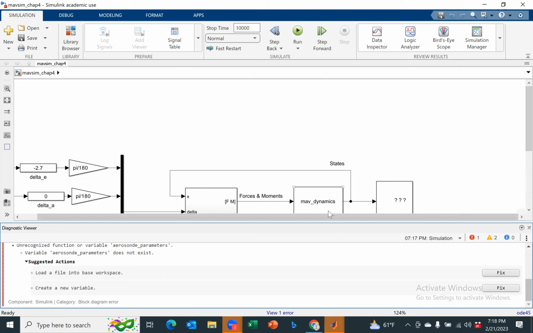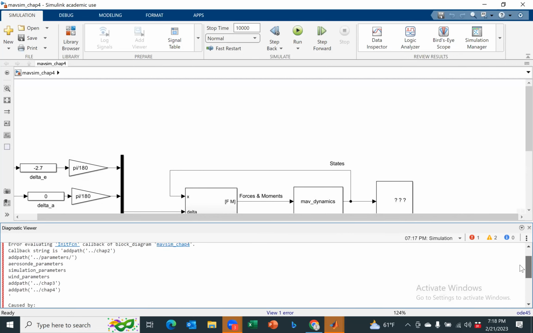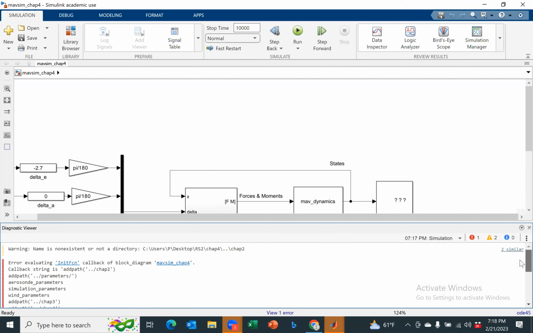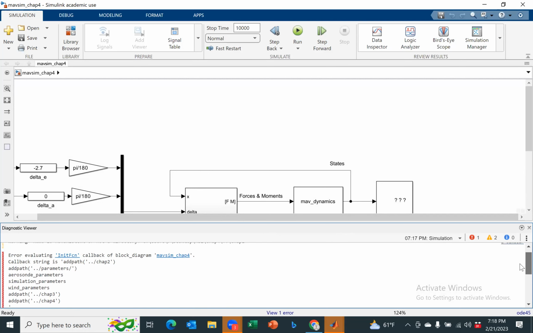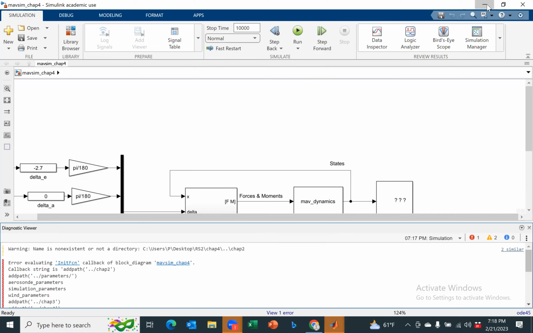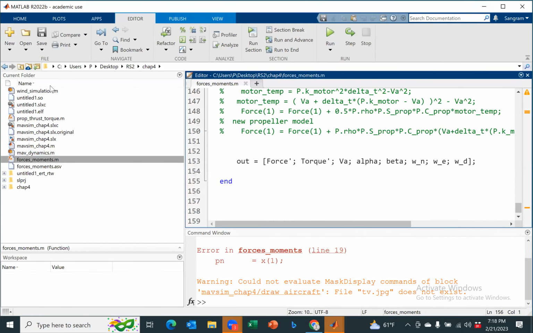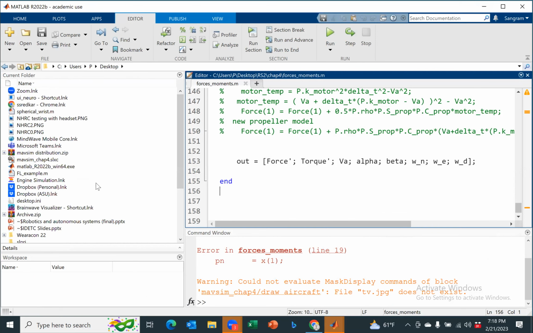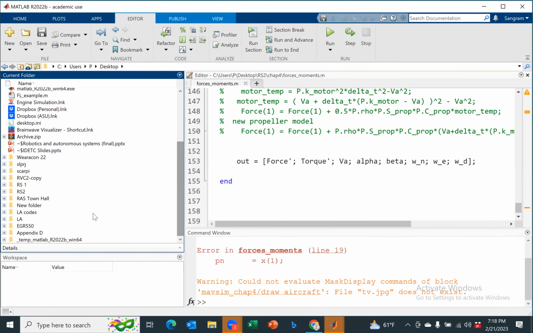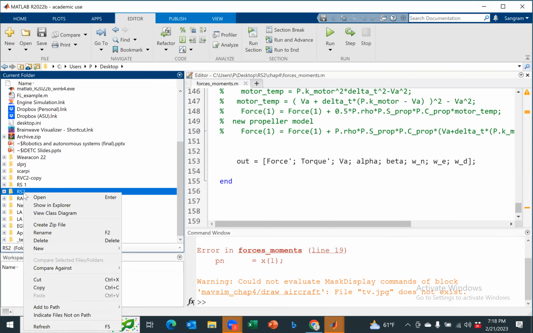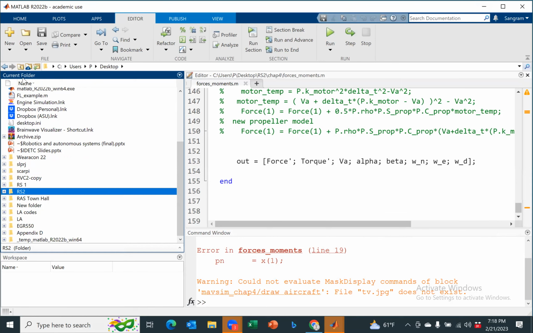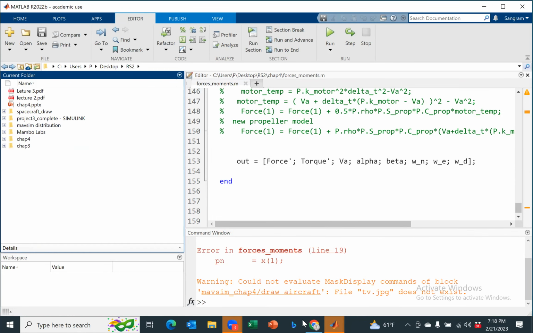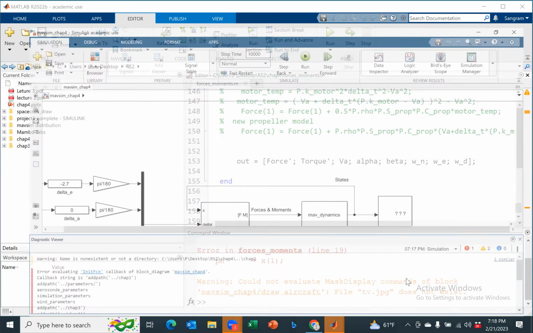As you can see, my MavSim chapter 4 variable is not in the dependencies. So what I need to do is go to RS2 desktop and make sure everything is in. And now I will try my luck.